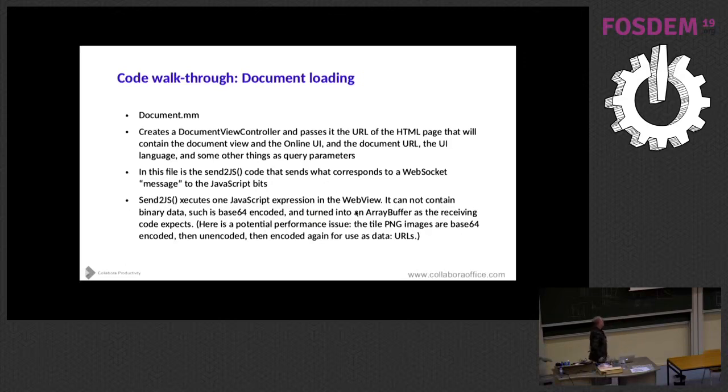As we can't send any binary data, we have to base64 encode everything, and then actually when we are sending a PNG tile, we first base64 encode it, and then the receiving end decodes it, but then it encodes it again to be able to use it as a data URL for the tile.